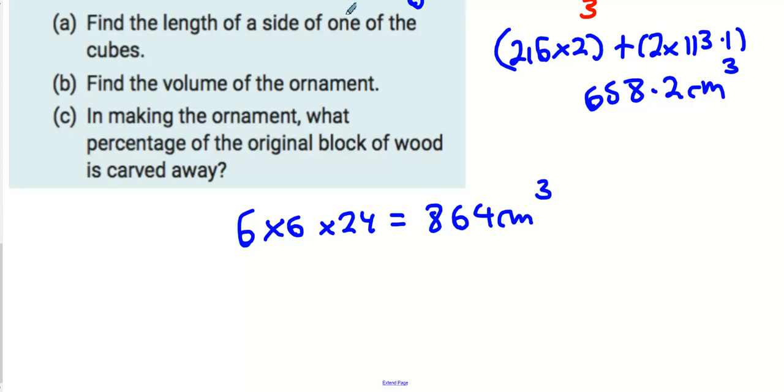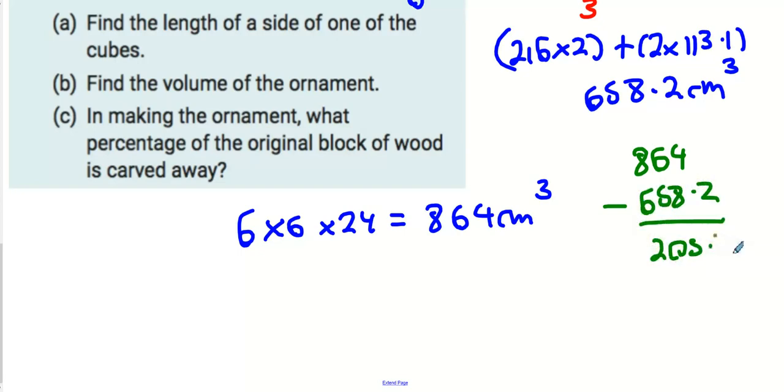All right. So take them away from each other, and we find how much of the wood we carved away. So let's take these 2 answers away from each other, and we find out how much wood we took away. How much? Yeah.